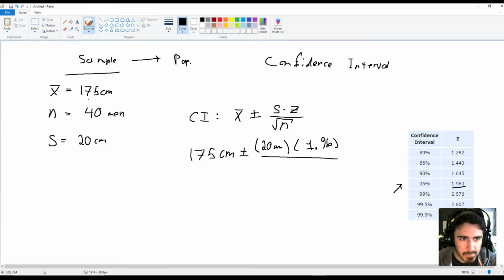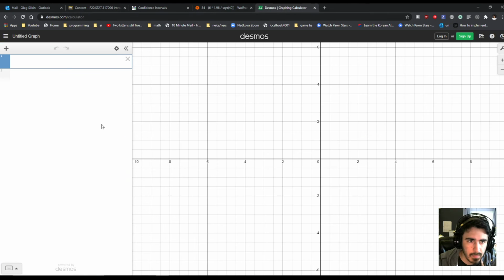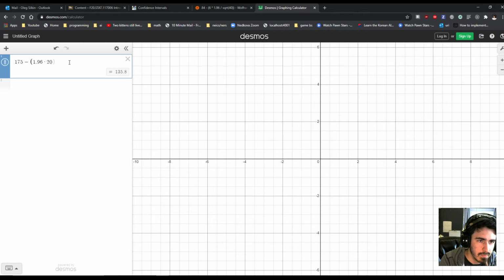And then we'll divide that by the square root of our sample size, n equals 40. And the values we'll obtain from this, we can actually use Desmos for this. So we'll say, what is 175 minus 1.96 times 20 divided by the square root of 40.